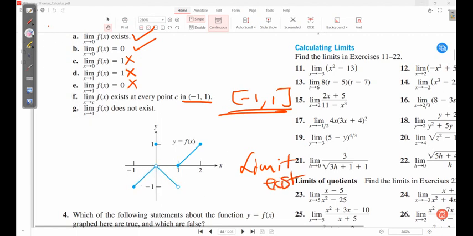Whenever a line is joined, solid lines like this, any point in between here, the function is continuous. Even here, continuous. So a function is not only continuous when there's an open dot there. When there's a separation like that, it's not continuous. What are some of the tips that you should know?